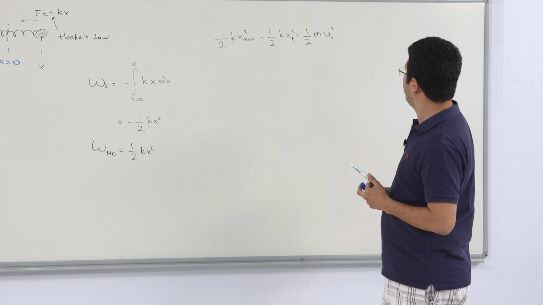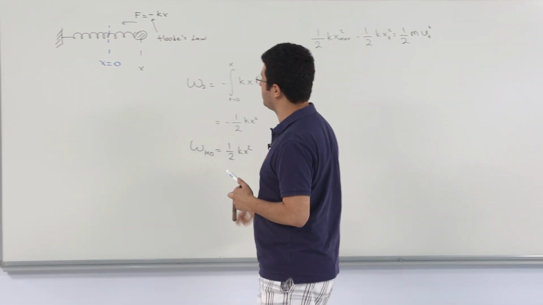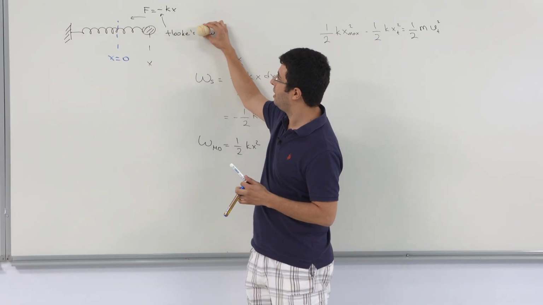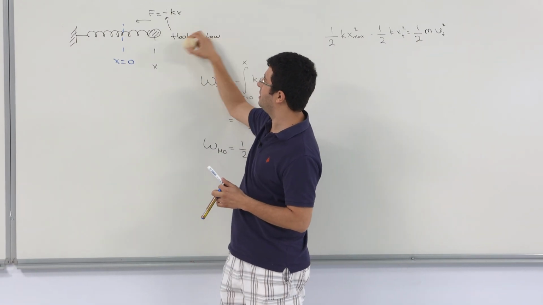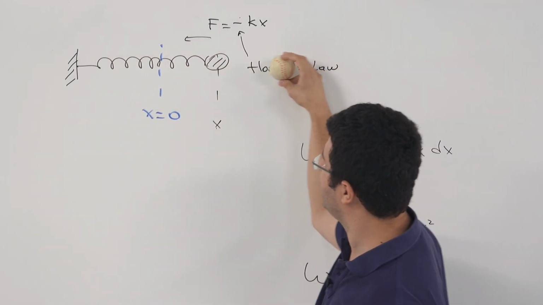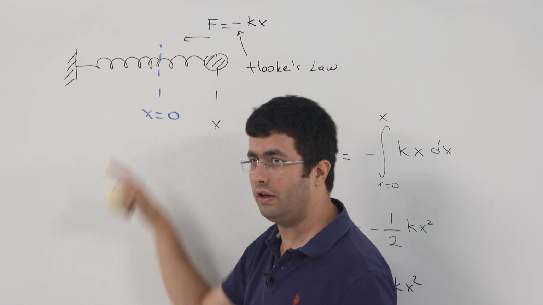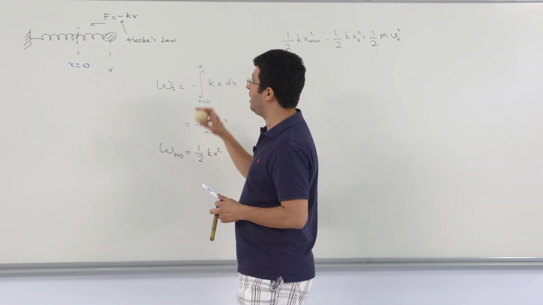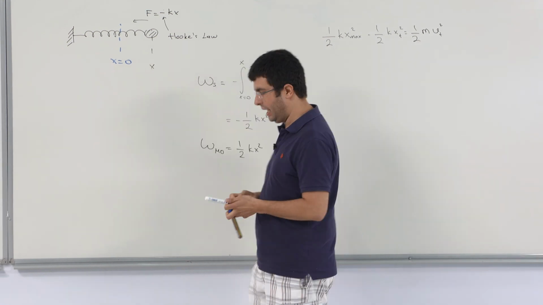So let's now find out what's the velocity at x equal to 0, let's say the equilibrium position. So I let go of the baseball, and the spring is pulling the baseball towards the minus x direction, and at some point it will just pass through x equal to 0, and now I would like to calculate the velocity of the baseball while it is passing through x equal to 0.